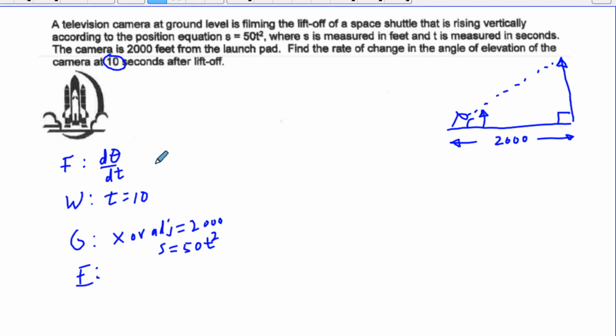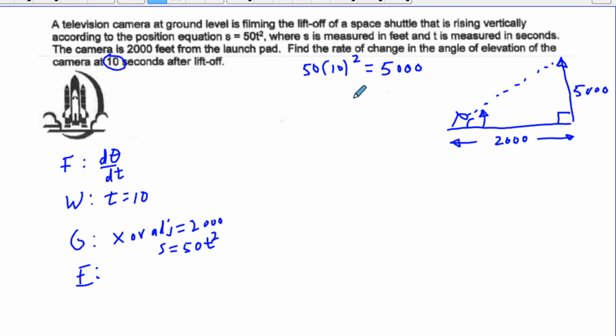What equation do we have that relates this side over here? Now, as far as what this side is going to be, 50 and t is 10, right? 50 times 10 squared. Well, that's going to be equal to 5,000, right? So this is 5,000 here.